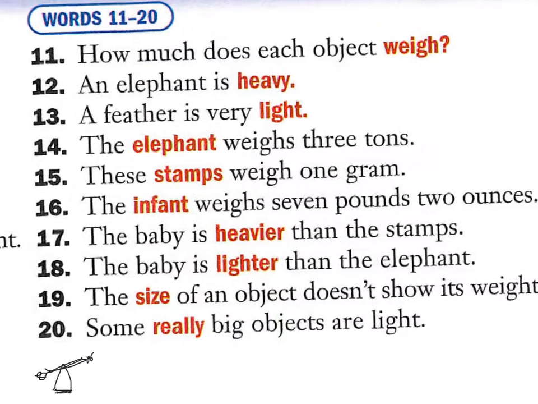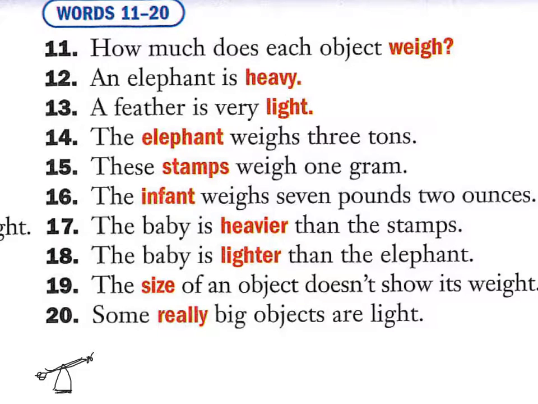Yay. Okay, let's look at the word heavy. Say heavy and light. What if I want to say heavier? What do I need to do with the spelling? I'm going to change the Y to I and add ER. Heavy, heavier. So remember when we have our comparative and superlative adjectives?